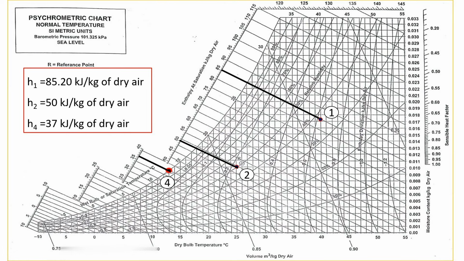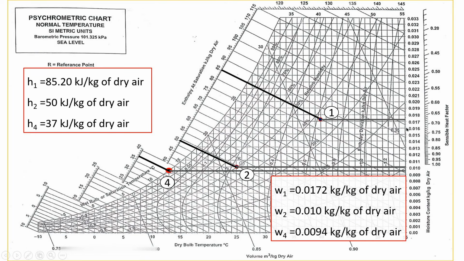Similarly, we can find the specific humidity or humidity ratio for these points. Here on the y-axis, these values are for moisture content in kg per kg of dry air, which is specific humidity, also called humidity ratio. From these 3 points, we can draw horizontal lines from point 1, from point 2, and from point 4, and read the respective specific humidity values. Specific humidity we indicate with small w.